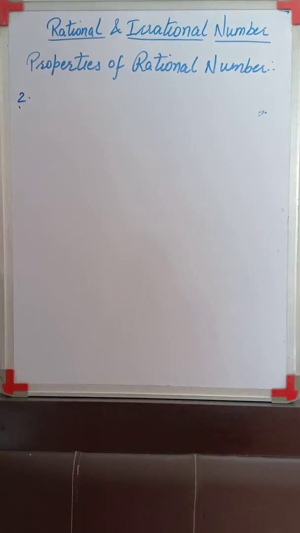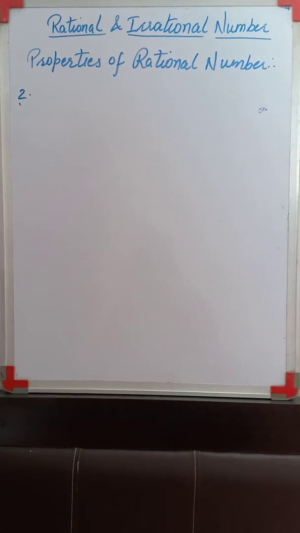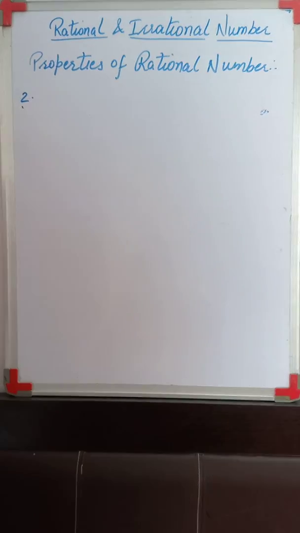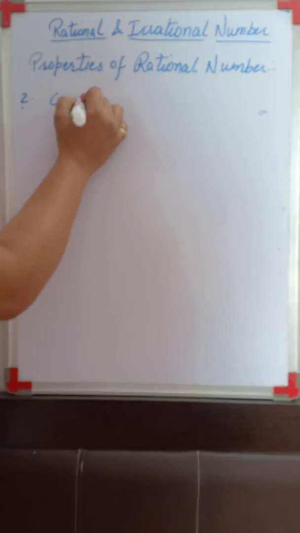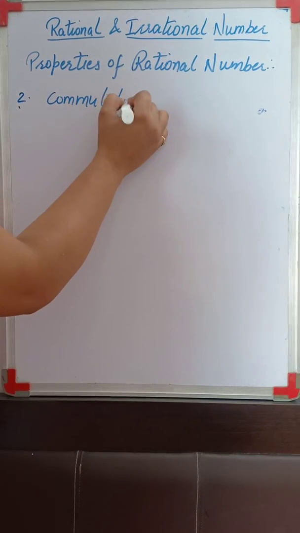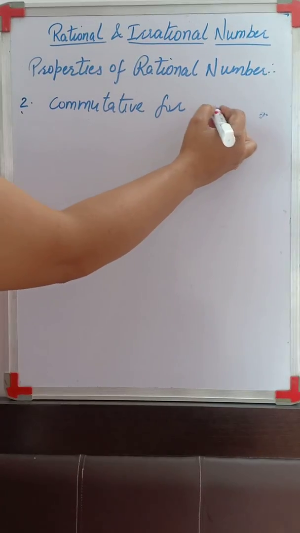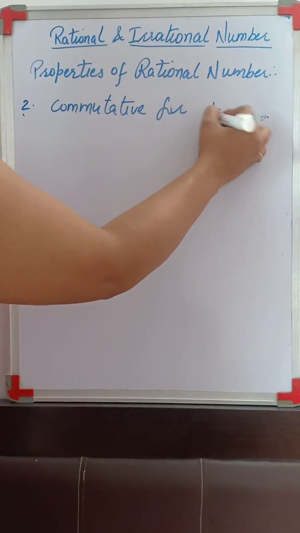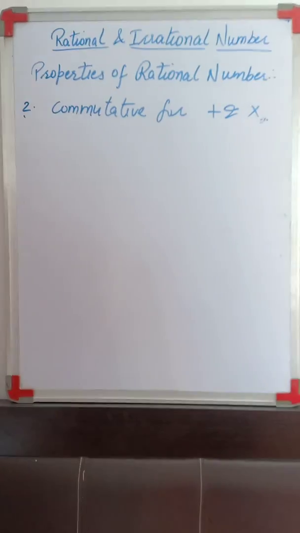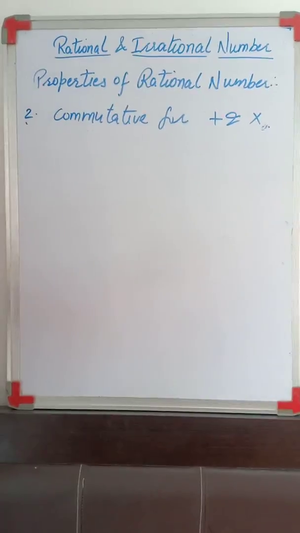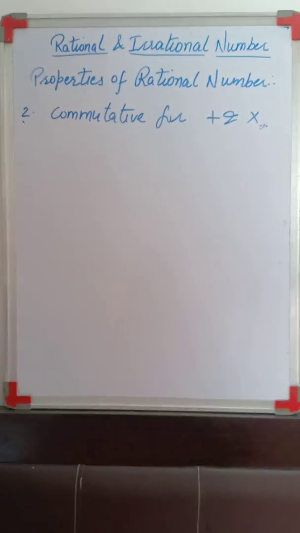So our second property of rational numbers is what? The set of rational numbers is commutative for the operation of addition and multiplication. What I am saying is that if we replace the position of the numbers, the answer will be the same.